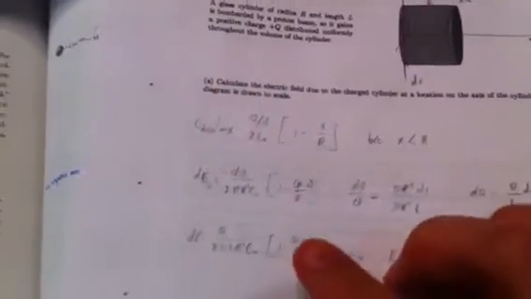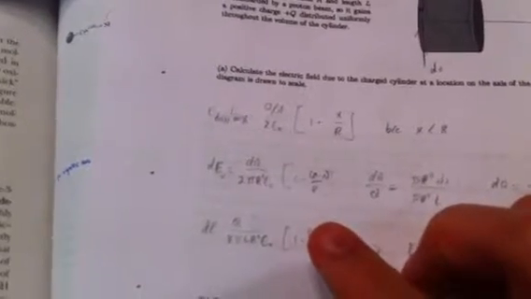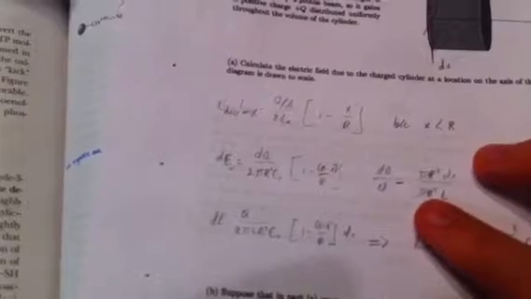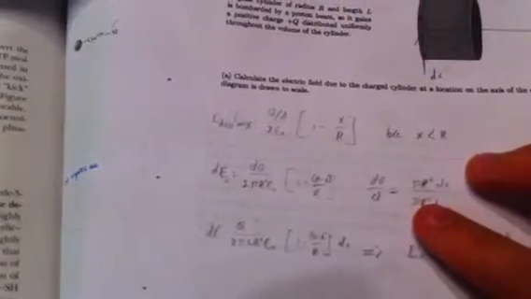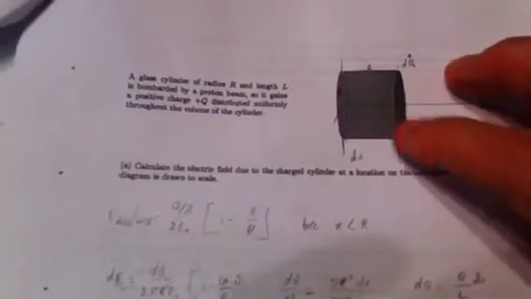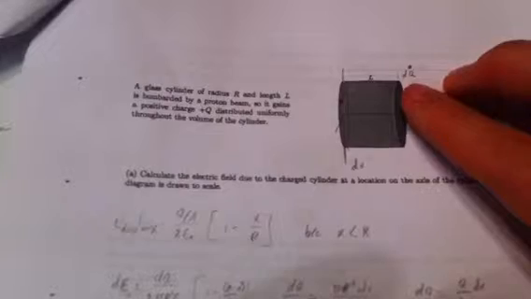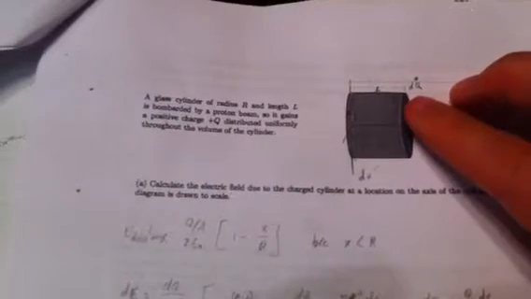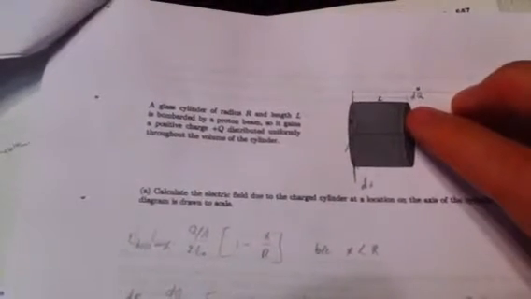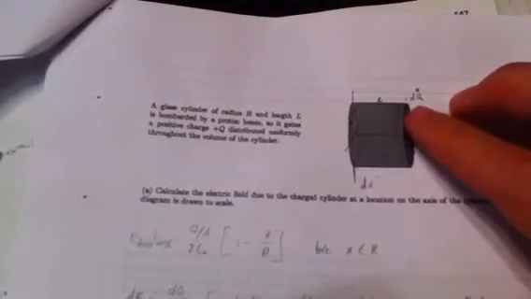If you rewrite that just for the X component, because that's the only direction we're moving in, we get dq over 2 pi r squared epsilon naught times 1 minus X over R, where dq is just the charge acting on this one piece of the electric field.